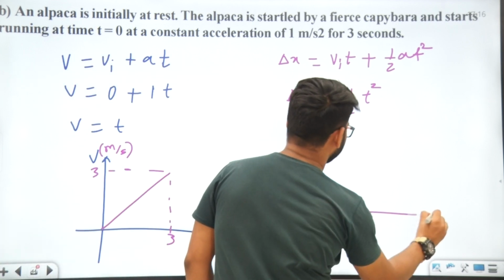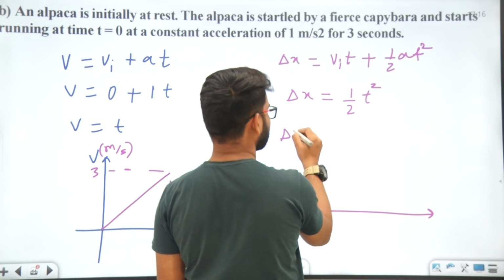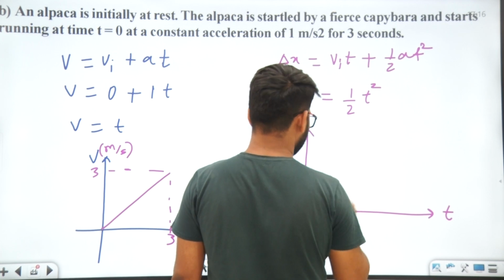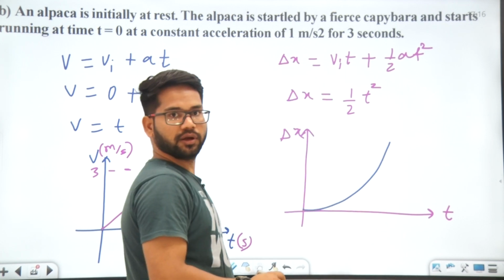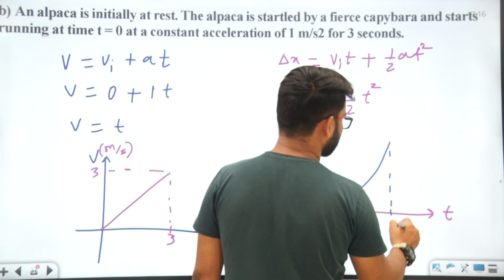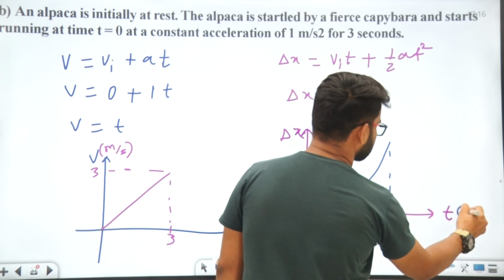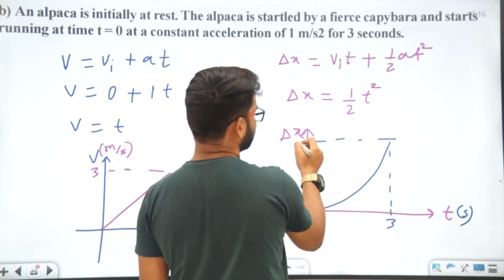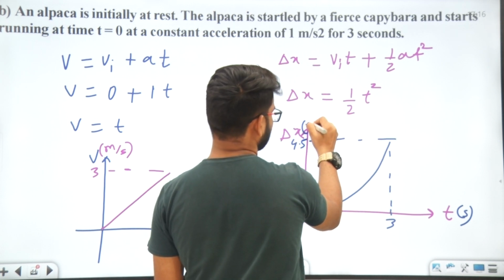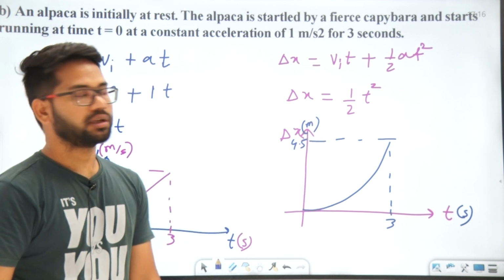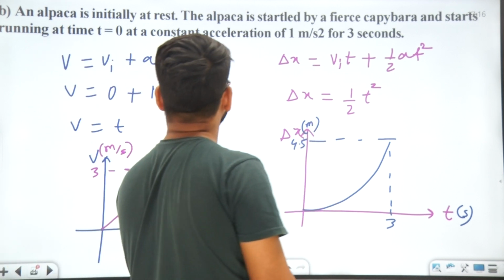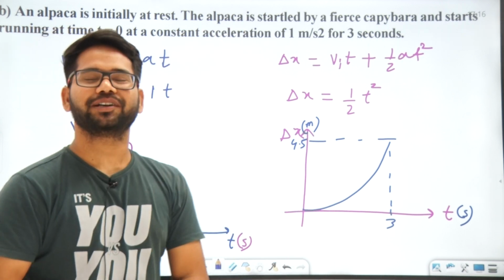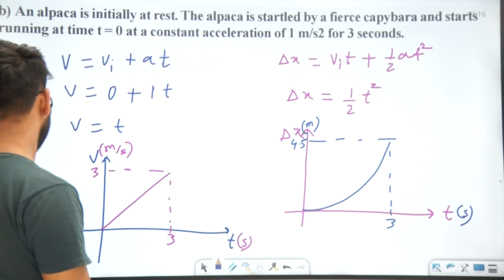The variation of delta x with t will be like this. At t equals 3 seconds, putting 3 here, delta x will be 9 over 2, which is 4.5 meters. This is in meters. Next, we can also draw the graph for acceleration versus time. Acceleration is constant at 1 meter per second square for 3 seconds, right?